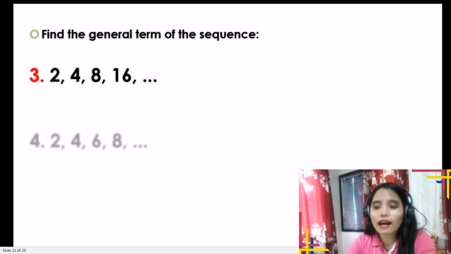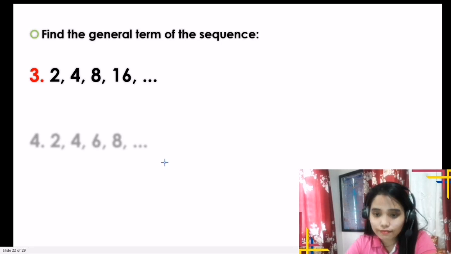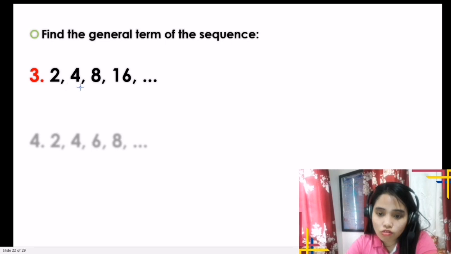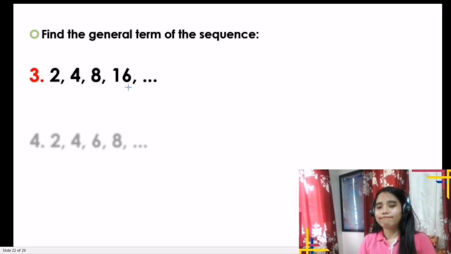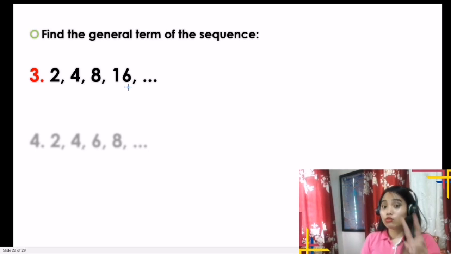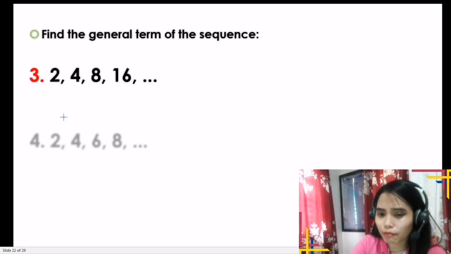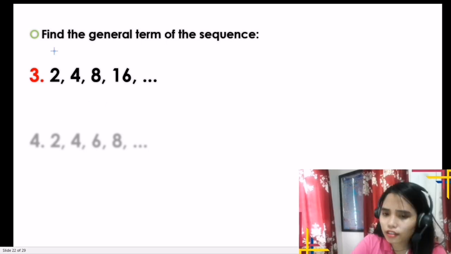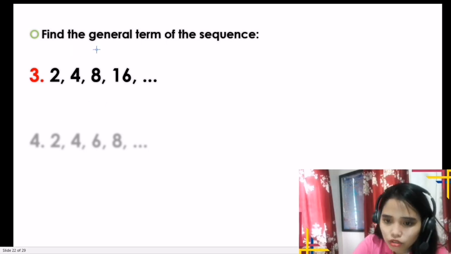What could be our pattern in that sequence? 2, 4, 8, and 16. Plus 2? So, let's try. n plus 2. So, if our n here is 1, here is 2, here is 3, and here is 4. Let's try.